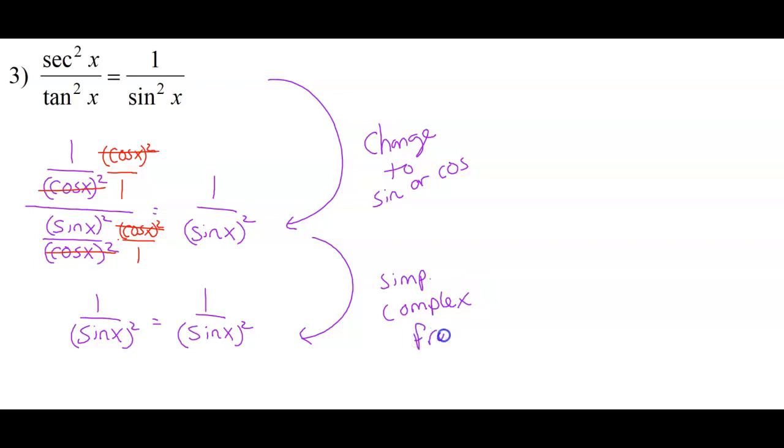And I'll call this step simplify the complex fraction. Okay? Now maybe you called it multiplication. That's technically fine. It doesn't really matter what language you use so long as it accurately describes the step.